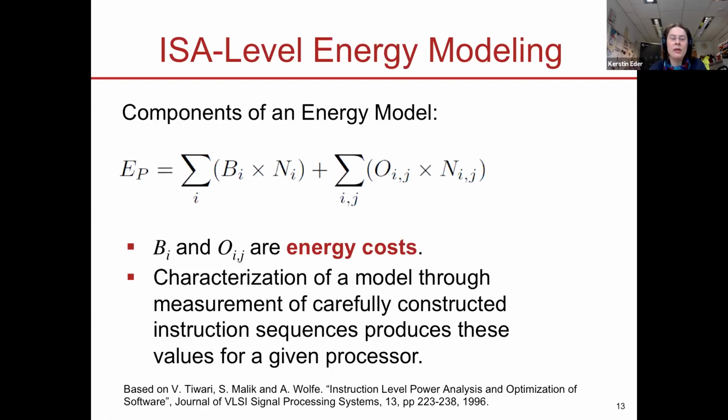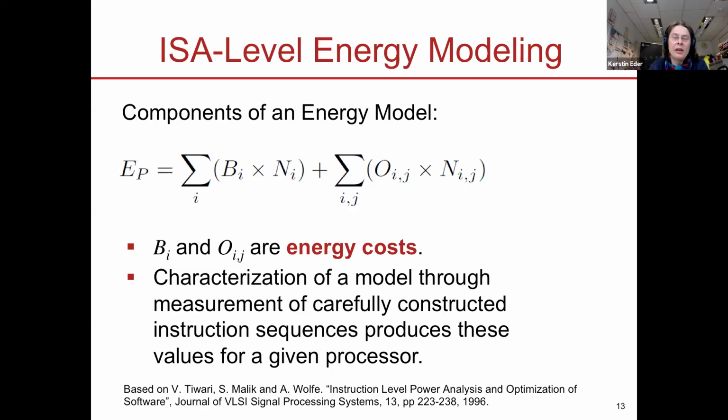Okay, so if we think about how this can possibly be done, you could construct large loops. For instance, if you want to know the base cost for a particular instruction I, you can construct large loops with individual instructions. Or if you wanted to know how much it costs to switch from one instruction to the other, then you could construct large loops of pairs of instructions to determine the switching costs.